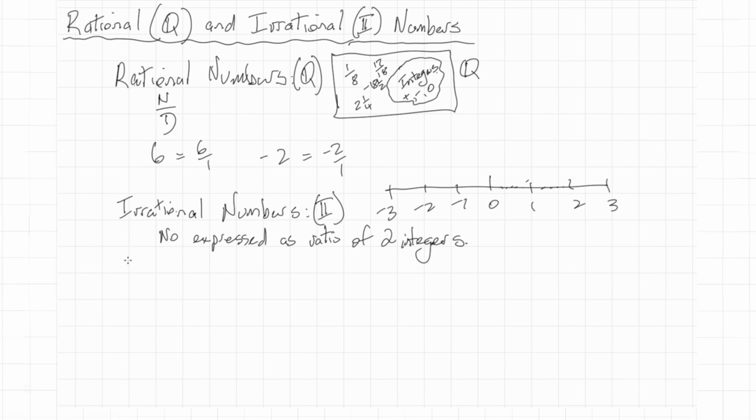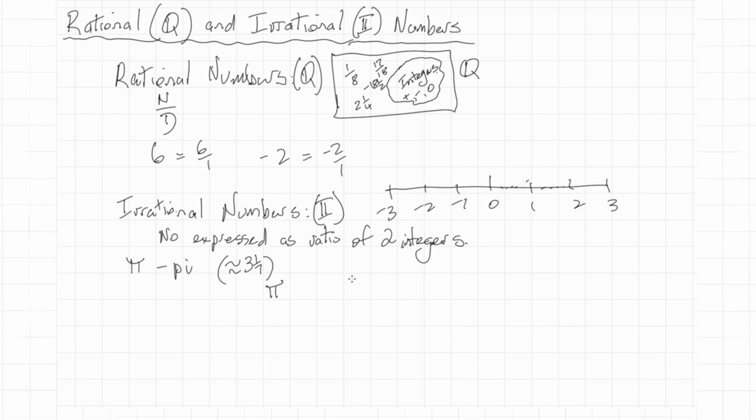Let's look at one, and the first one is just the number pi, and pi is not exactly 3 1/7. It is approximately equal to 3 1/7, because you could say, well, if it was 3 1/7, it would be a rational number, but that's just an approximation. That's not the exact value of pi.